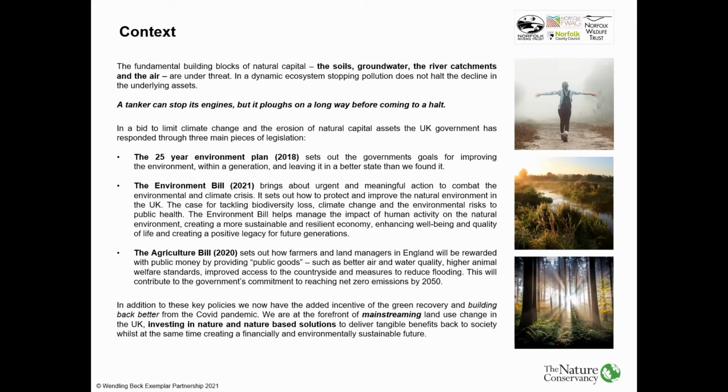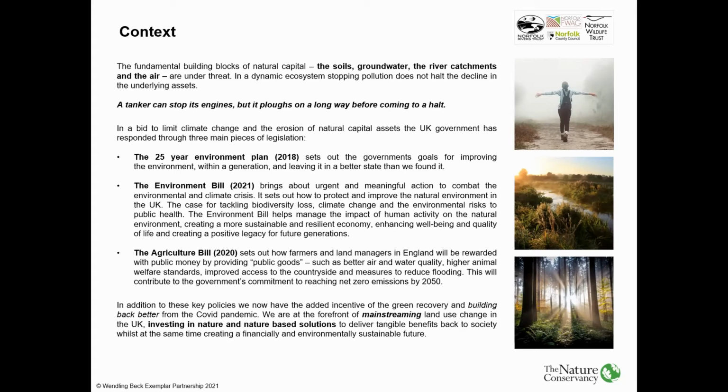In terms of overall policy and context within farming, there's three key bills that are going through or being implemented into law. So we obviously have the 25-year environment plan, which was brought in 2018, which was really about trying to leave the natural environment in a better state within a generation. It was really a series of measures and targets, so there wasn't any active policies within there.